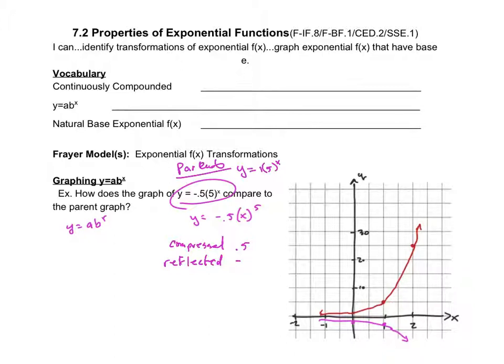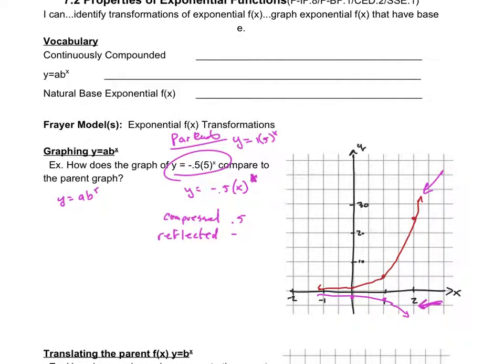And then, I don't know what would be the next comparison. That would be about it. But you can see the parent function is drawn right here. This graph of negative 0.5 times 5 to the x power is going to be right there. So you can see it is flipped down, and it is compressed by half the distance.